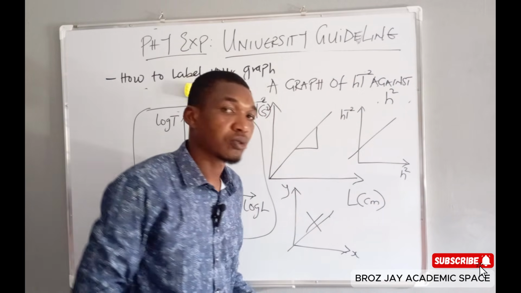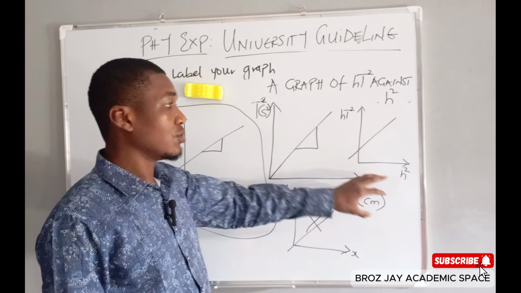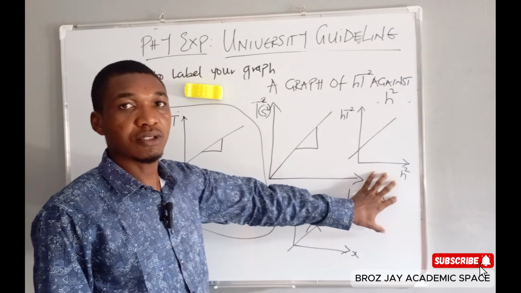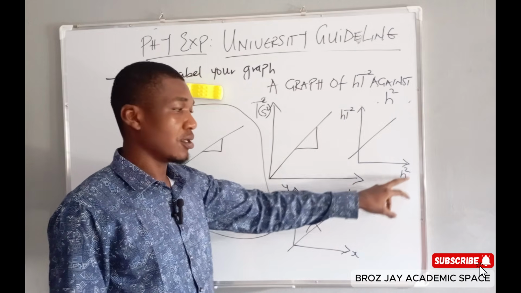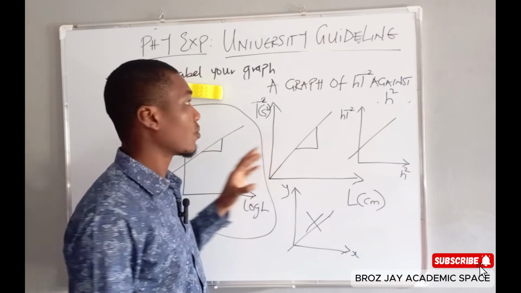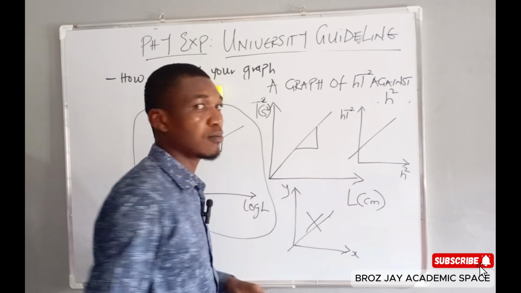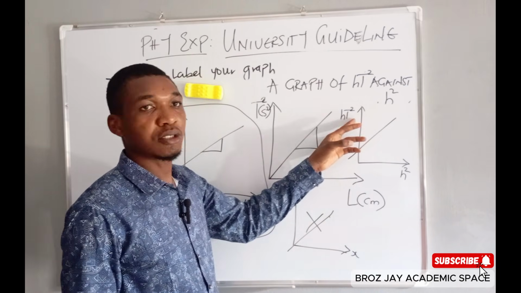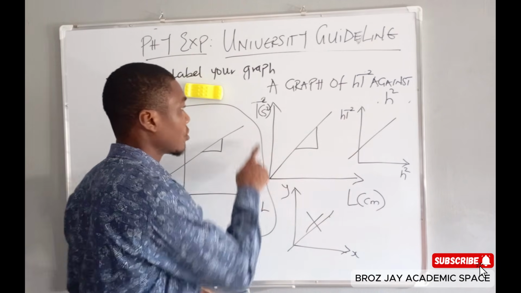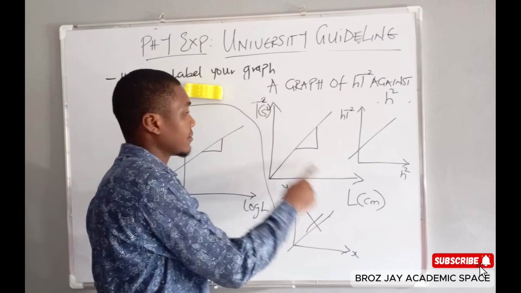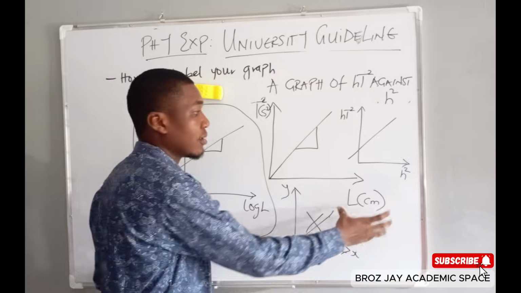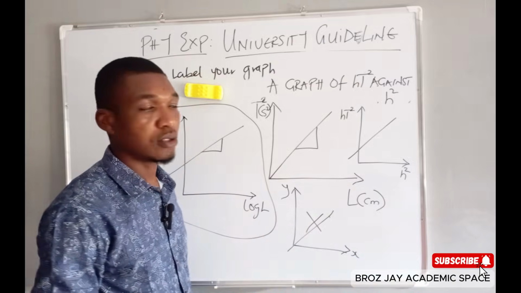Note, sometimes they don't give you units when tabulating your h T squared and h squared. Once you see that there's no unit in the table, you don't need to put units. But once there are units, like the first one we did here, seconds squared, T squared, L in centimeter, make sure you put your units.